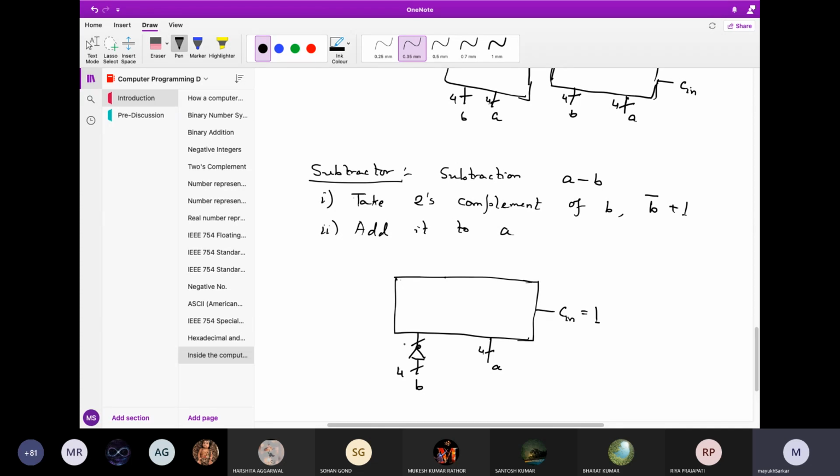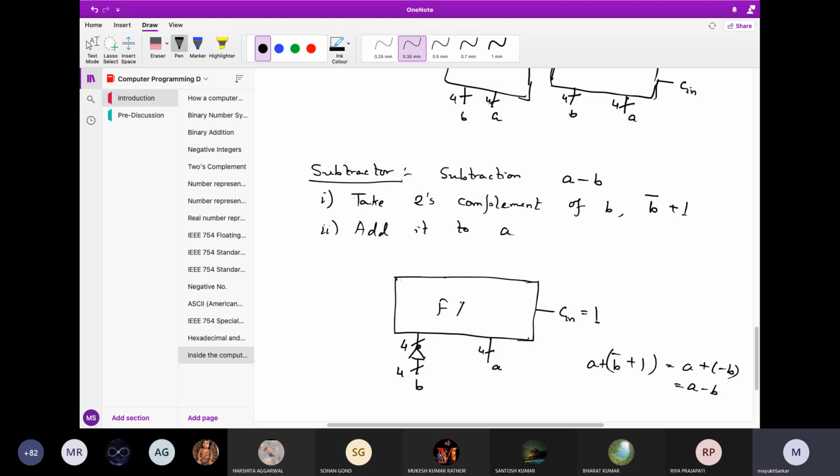Obviously, there are 4 NOT gates as well, right? 4 NOT gates sitting in parallel, which again I have drawn as shorthand. So this addition becomes A plus NOT of B plus 1, and this together is A plus minus B, giving you A minus B.